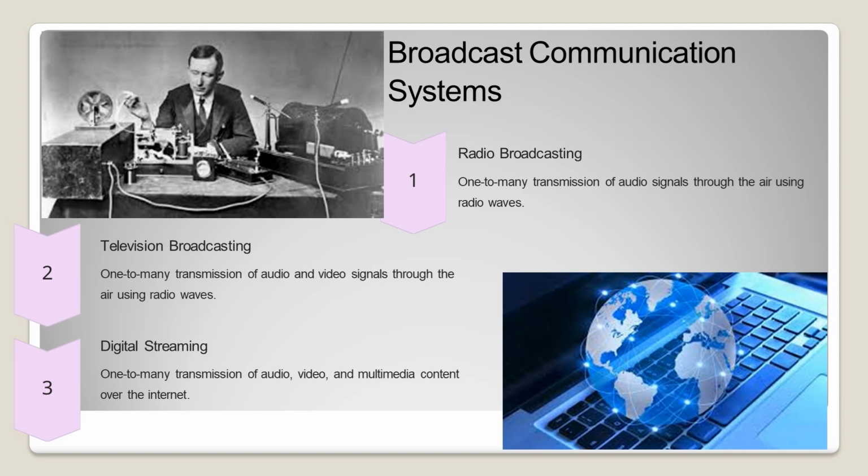Broadcasting involves one-to-many transmission: the transmitter is only one, but the receivers or destinations can be many. One-to-many transmission of audio signals through air, through radio waves, is called radio broadcasting. Similarly, one-to-many transmission of audio and video signals through air, again using the electromagnetic spectrum, is called television broadcasting.